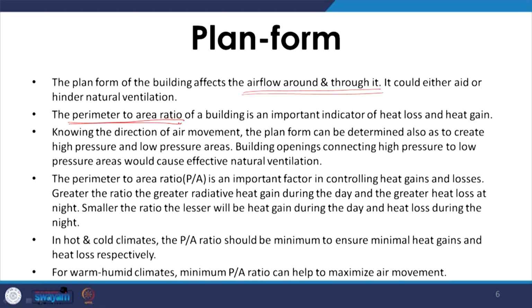Now, when we are talking about hot dry or cold climates, we should reduce the perimeter to area ratio to a minimum so as to ensure minimum heat transfer, because the larger the perimeter, the larger the surface area and the more surfaces available for heat transfer.